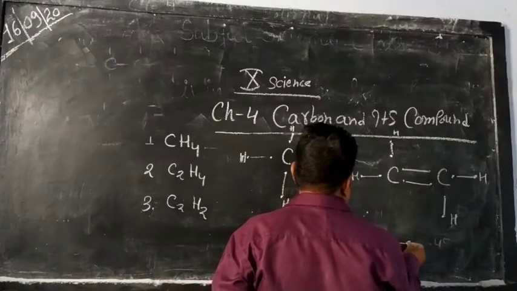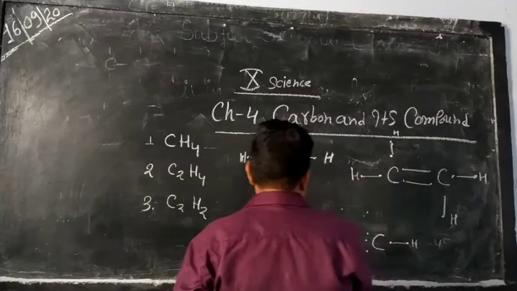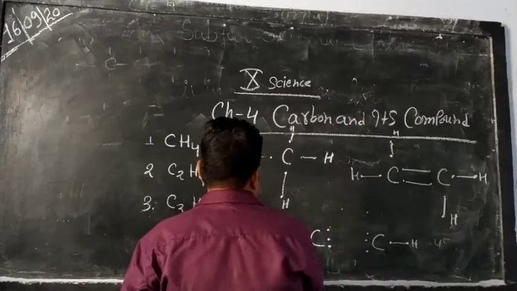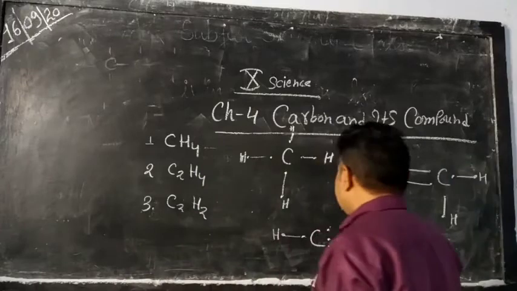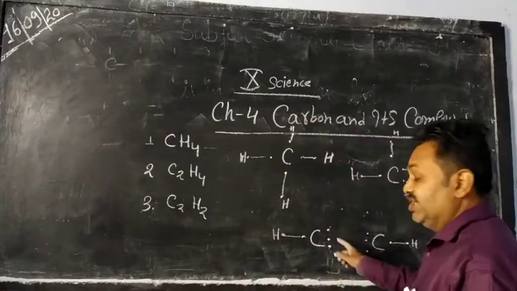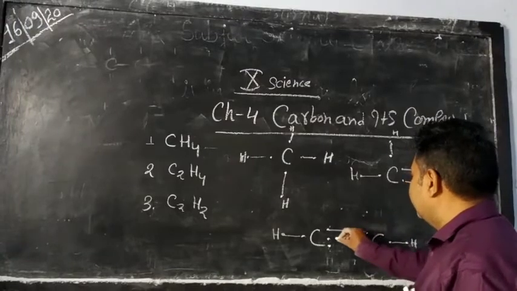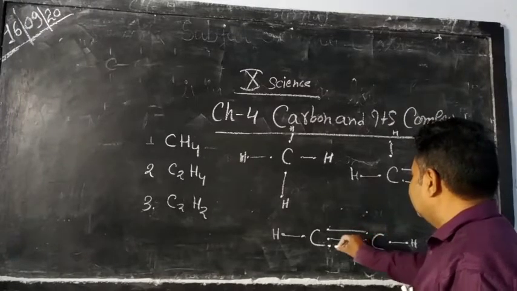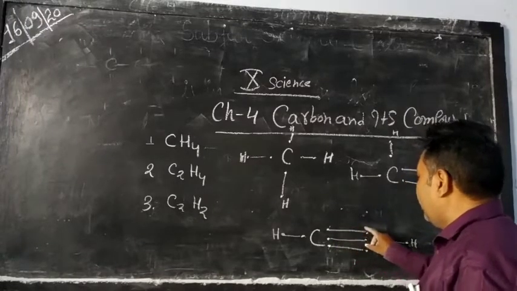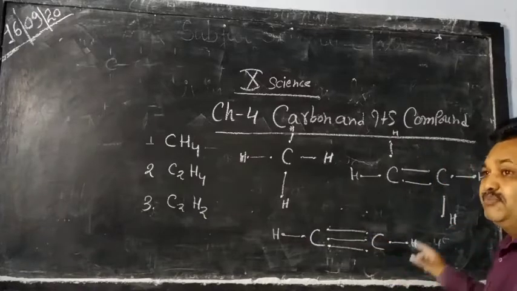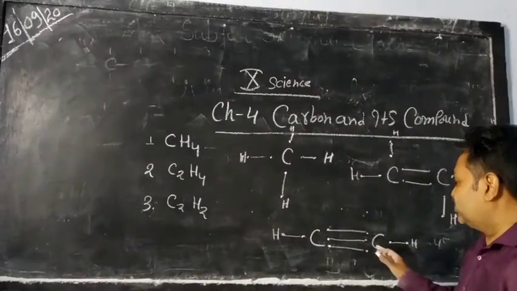This electron combines with hydrogen to form a single covalent bond. Now these 3 electrons combine with the other carbon atom to form covalent bonds by the equal sharing of electrons.